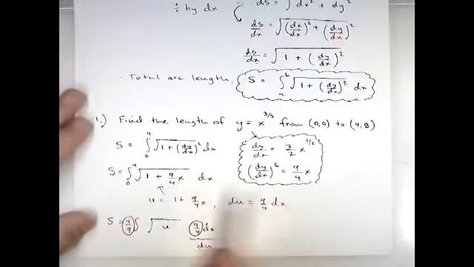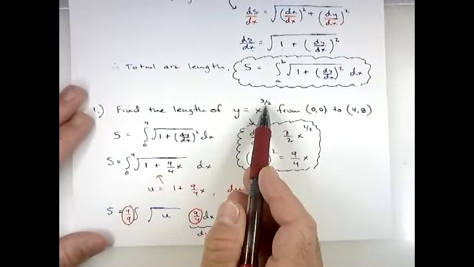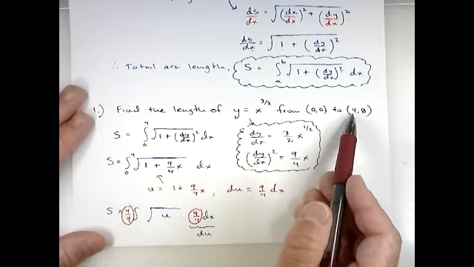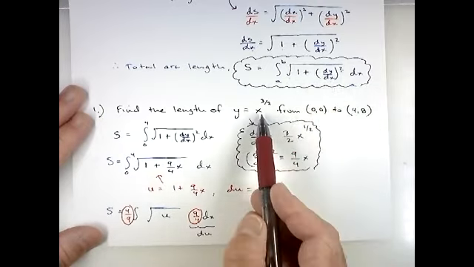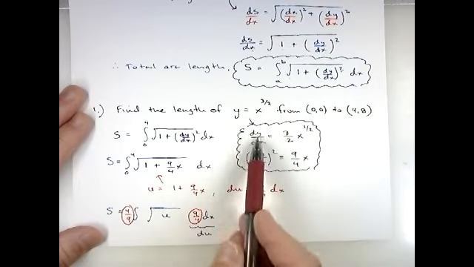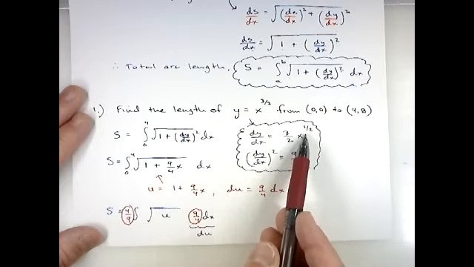We want to find the arc length, the length of the curve y equals x to the 3/2 from (0, 0) to (4, 8). The formula involves taking the derivative and squaring it. So I did that off to the side here. The derivative of x to the 3/2 is 3/2 x to the 1/2.